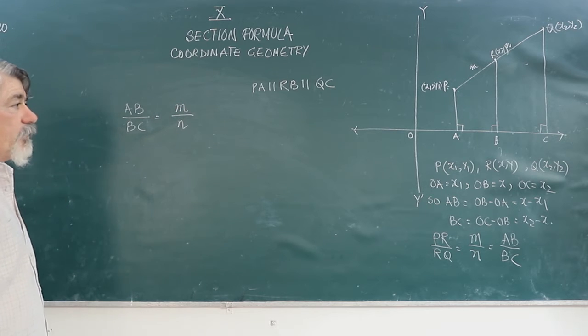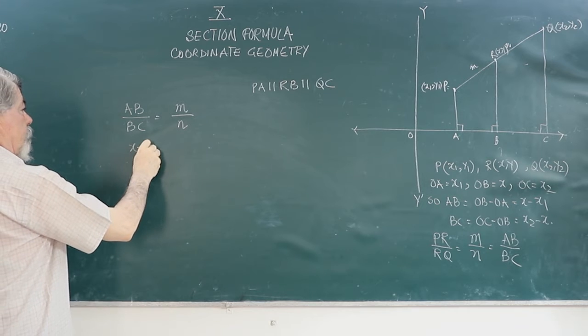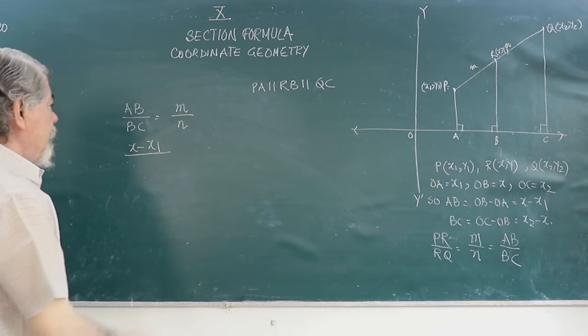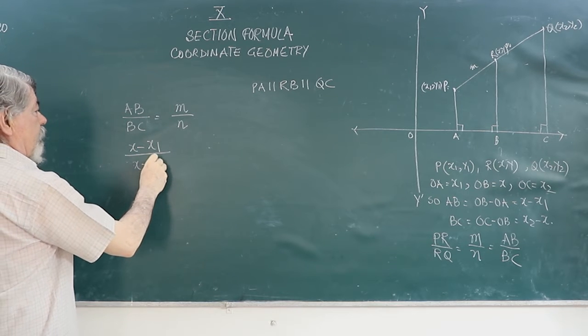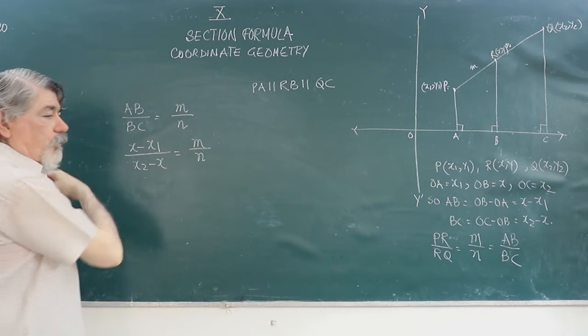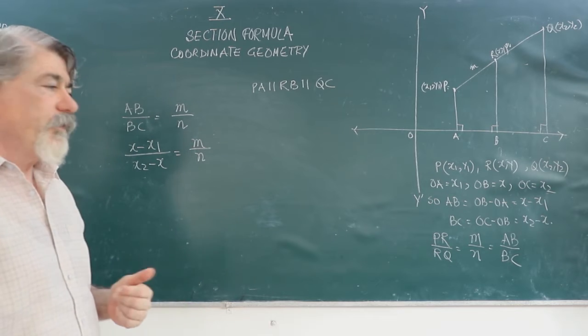AB is x minus x1, and BC has been calculated as x2 minus x, so (x minus x1) upon (x2 minus x) is equal to m/n. Cross multiply and let us see what we get.